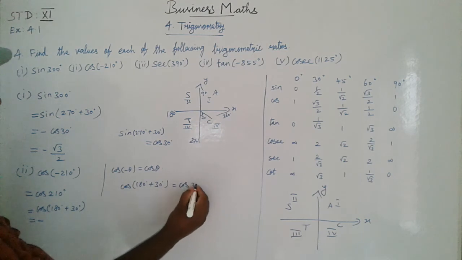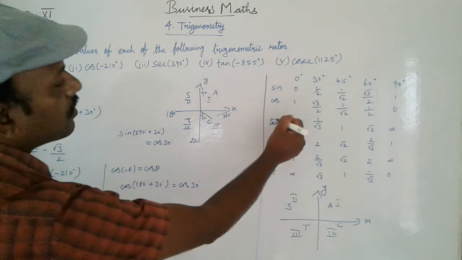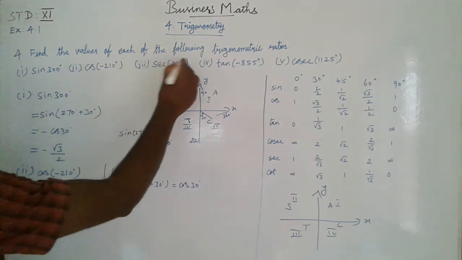So minus cos 30 degrees. Cos 30 degrees is root 3 divided by 2, so the value is minus root 3 divided by 2. Next, secant 390.